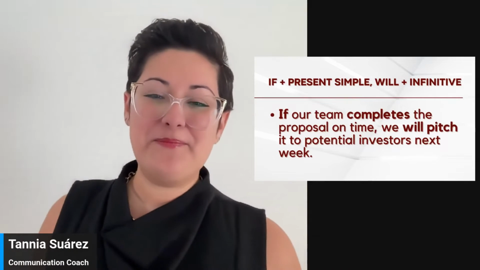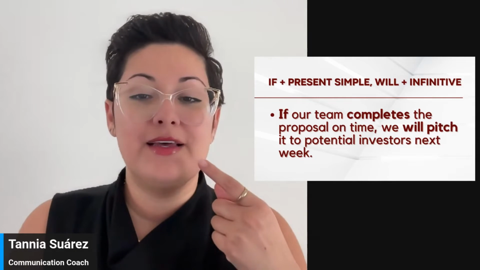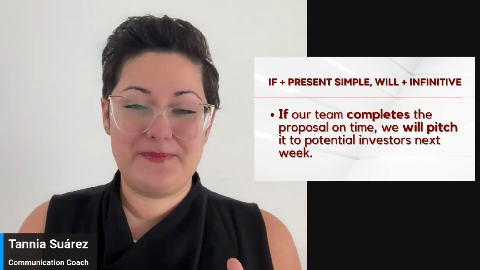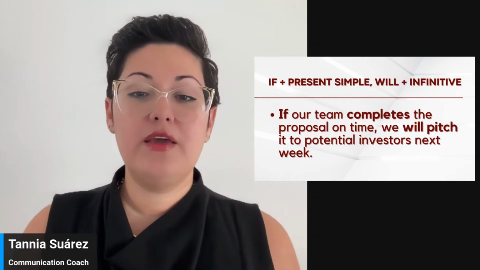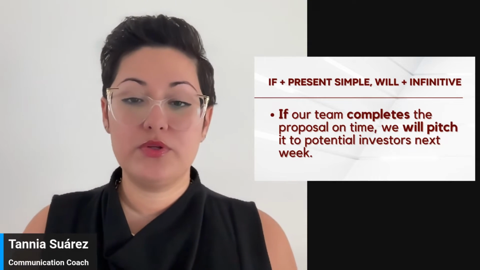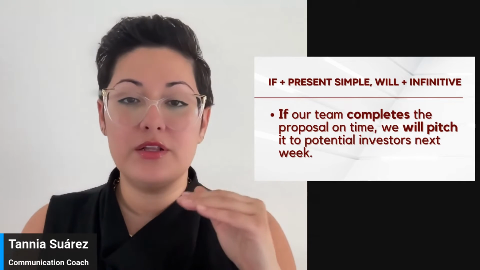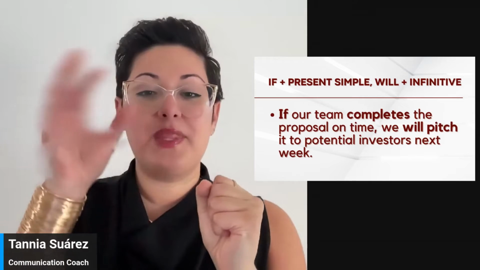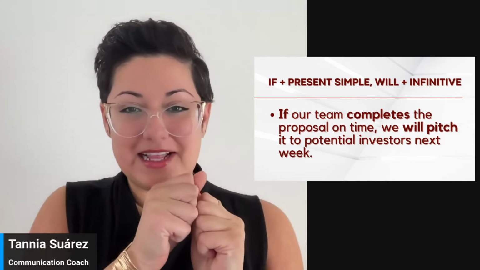Next example. If our team completes the proposal on time, we will pitch it to potential investors next week. Notice the tiny breath. If our team completes the proposal on, so we have some connected speech: the consonant sound at the end of proposal, the L sound, and the vowel sound of on, link: lawn.